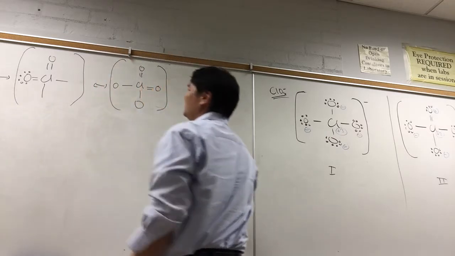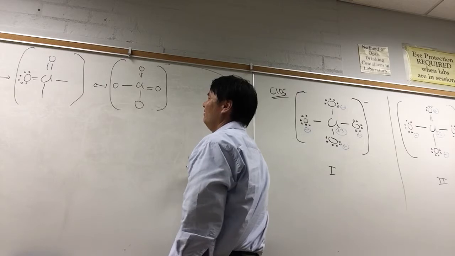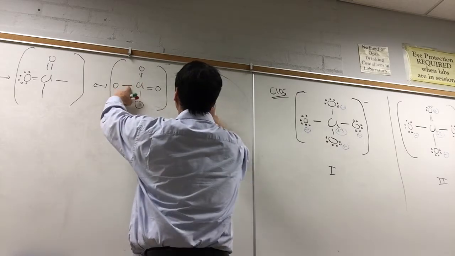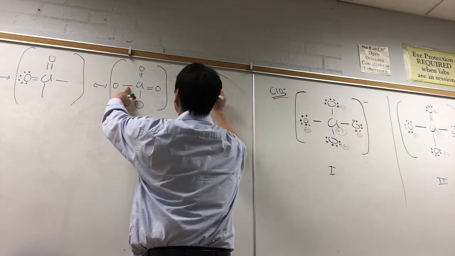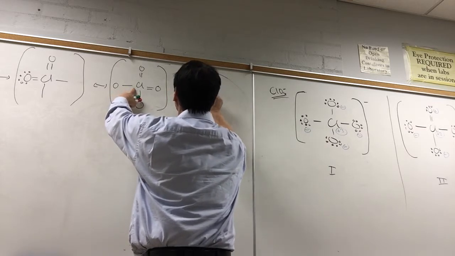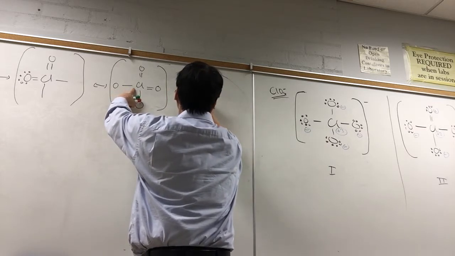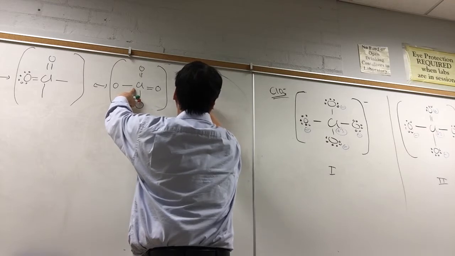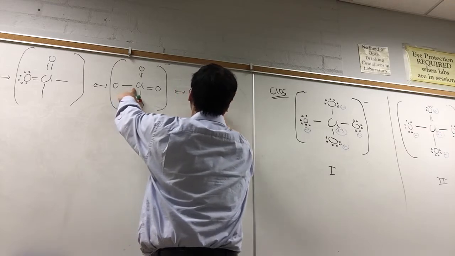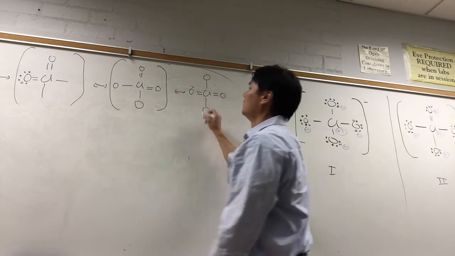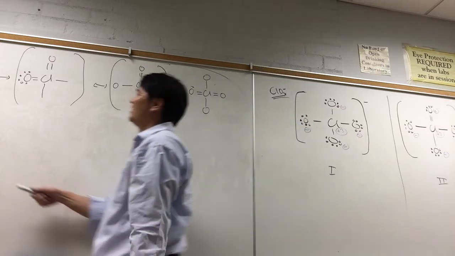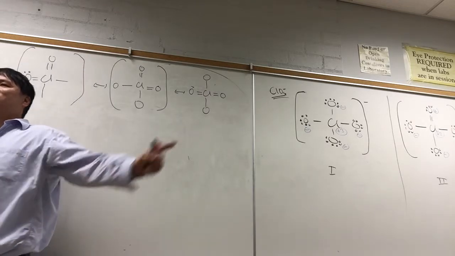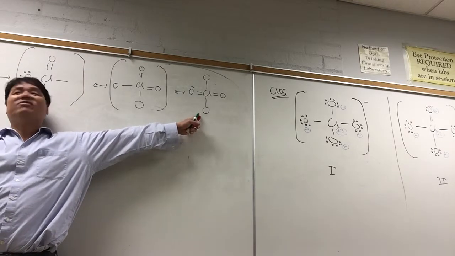And then I'll move it down, so I'll make a single bond on the top. Then what are my other possibilities? Well, I have a double bond here, like this. But, hey, wait a minute, isn't that the same as this? Are these two structures the same?